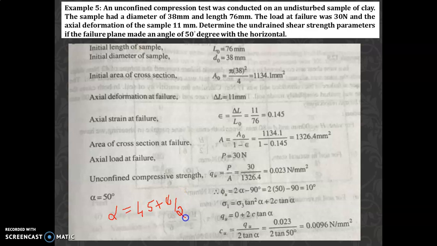Simplify this and you get phi: 50 minus 45 is 5, 5 into 2 is 10. So phi is equal to 10 degrees.